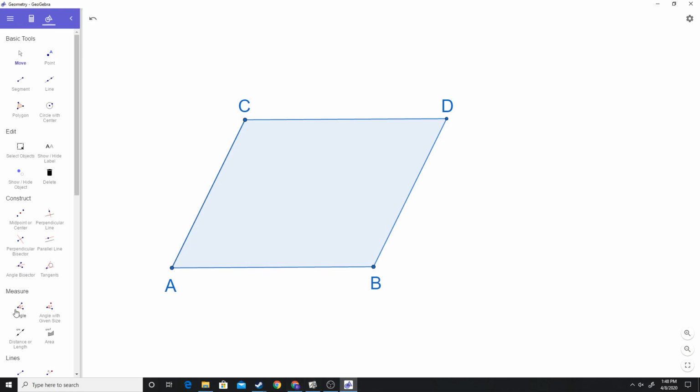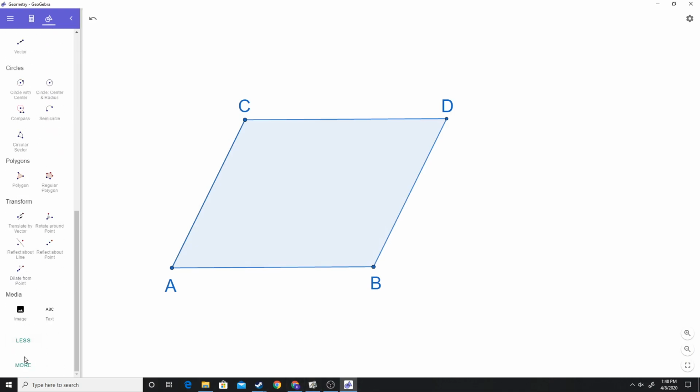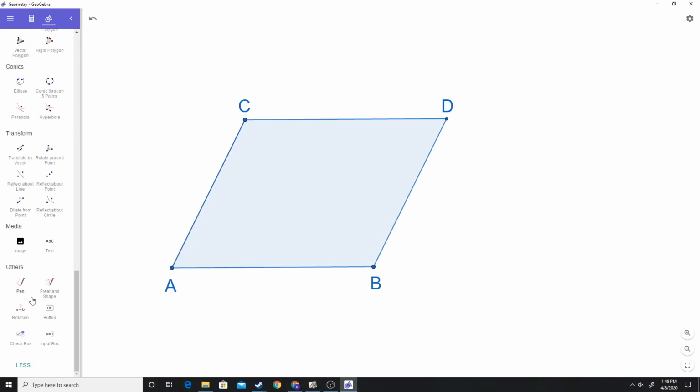Now we have to keep in mind some of the facts we know about rhombi. The most essential one is that all the side lengths are the same, and that they are parallelograms, which means that the opposite angles are the same as well.